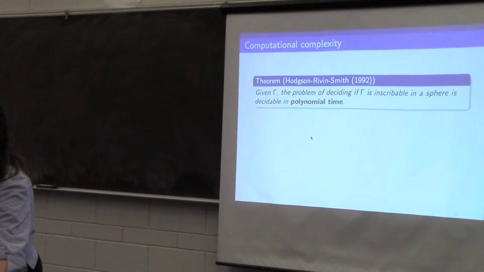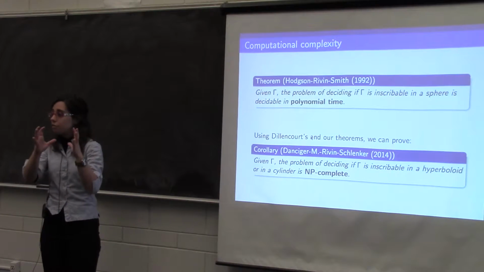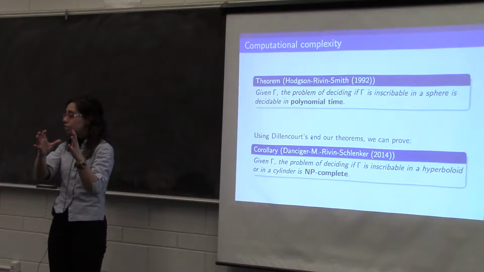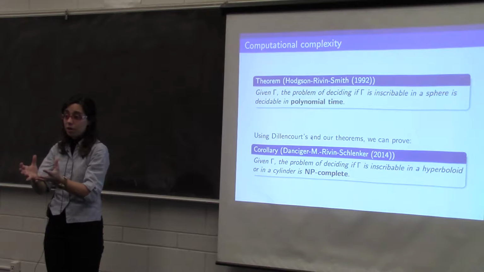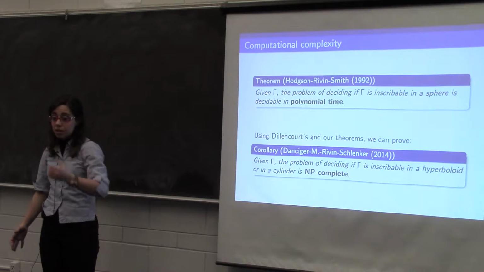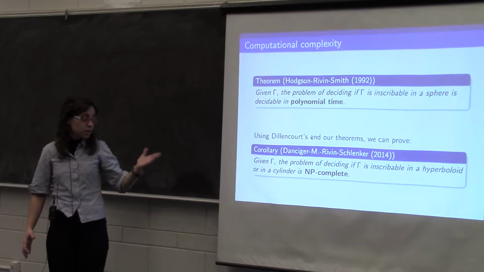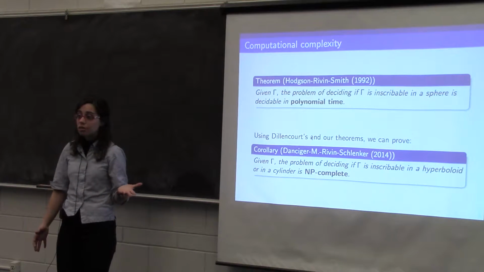But Dillencourt proved that whenever you have a graph inscribable in the sphere, the question of whether it contains or does not contain a Hamiltonian cycle is NP-complete. And this makes our problem NP-complete. So it's much, much harder.